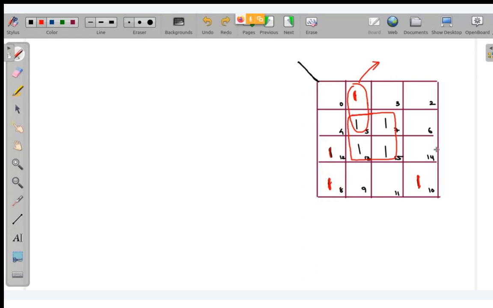But the moment I check for this one, you can see it has only one option to group, and it is like this. So this grouping is now an essential prime implicant due to this one. How many essential prime implicants did we get? We got 3 essential prime implicants.